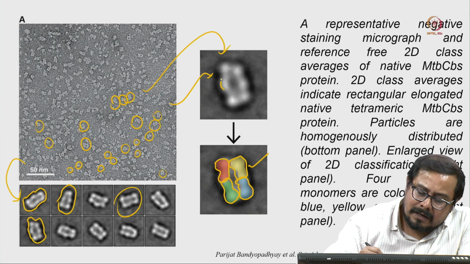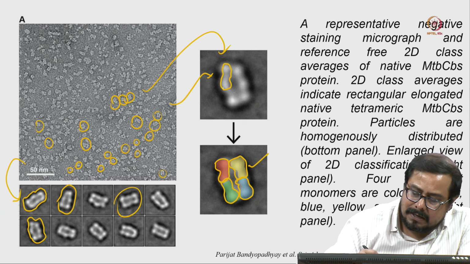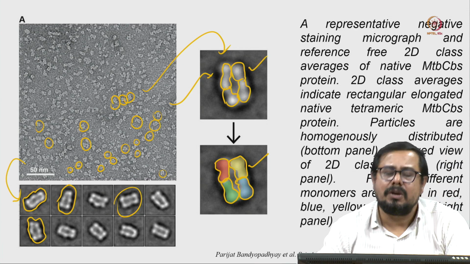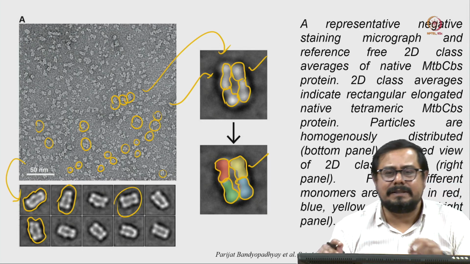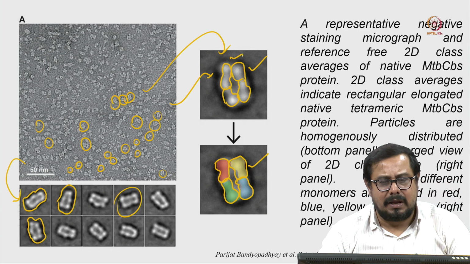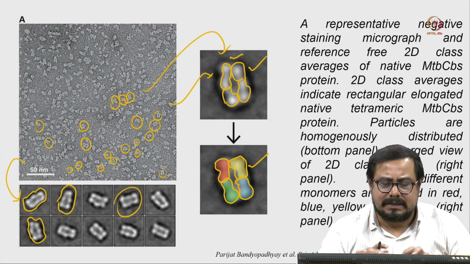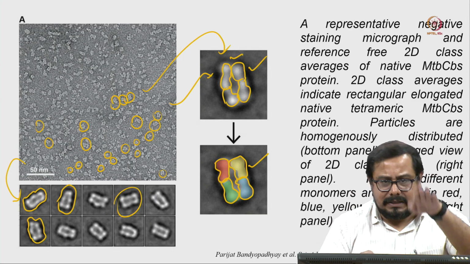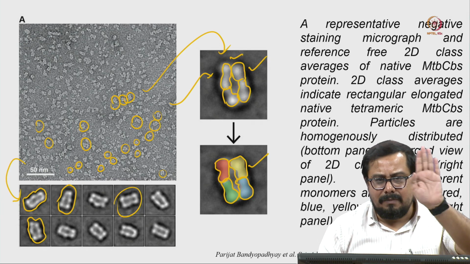Here one protomer, here another protomer is interacting, here one protomer, and the 4th protomer is connected. So from this negative stain we can see a rectangular shape protein where 4 protomers interact together and form this large complex.